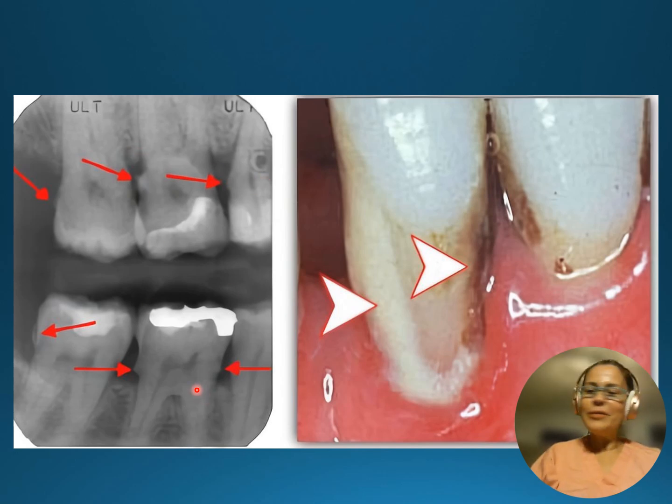No, no, no, no, no. Not all calculus shows in radiographs. So you're seeing only the ugliest, meanest, and most dense of pieces, but the mouth is full of calculus that is not so mean and so dense. So when you see radiographic calculus like this, you know that you're going to have a lot of calculus everywhere.